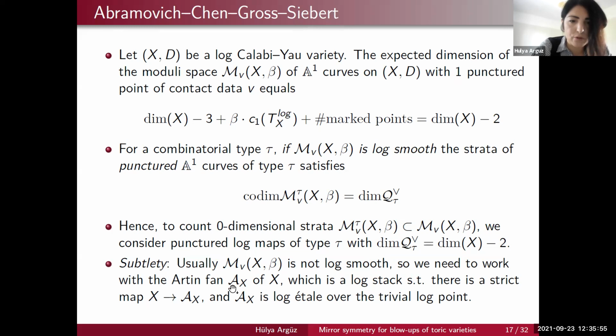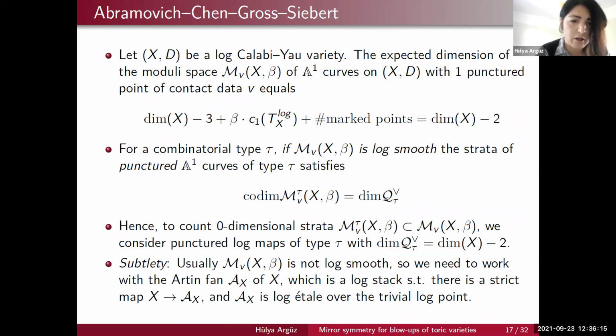There's some construction which is called an Artin fan. It's a log stack, and rather than looking at curves in X, you look at curves in this Artin stack. And this Artin stack is equidimensional. I mean, this Artin stack is nice.